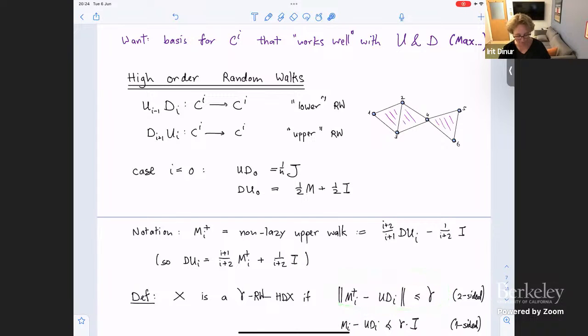So again, for a graph, M^+ is just the adjacency matrix, the random walk M, and the down-up walk is just J. Okay, in a graph.